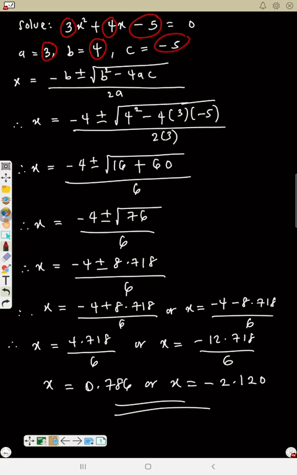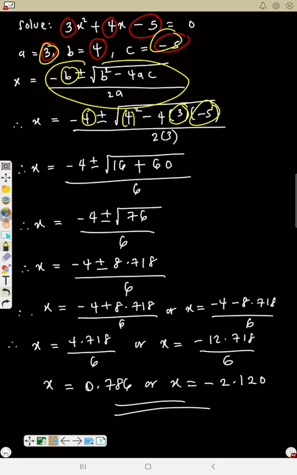Please take note of that substitution, it is important. Also, if b is 4, put it in the formula. b squared again, that is 4 squared minus 4a, so a is 3. Then c is minus 5. So everything now is substitution.